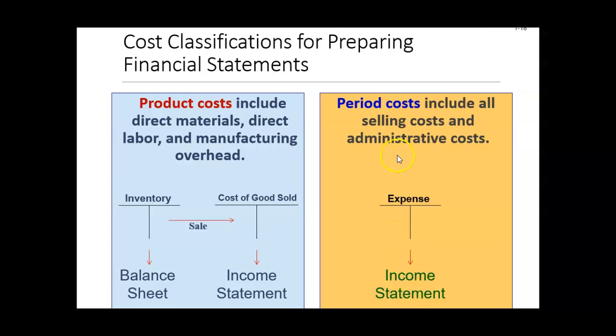So whenever you have selling costs and administrative costs, those costs are going to be expensed as soon as they are incurred in that particular accounting period. Compared to your product costs, which go into the inventory account first and are shown as an asset. Then once you sell those items, the cost becomes an expense, known as cost of goods sold.